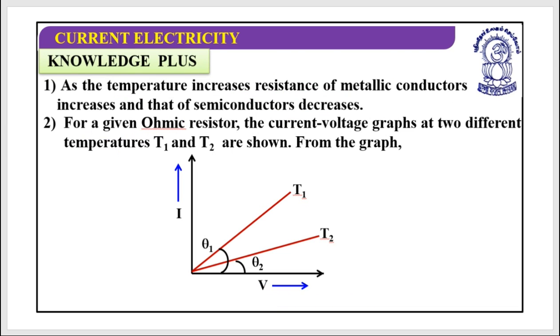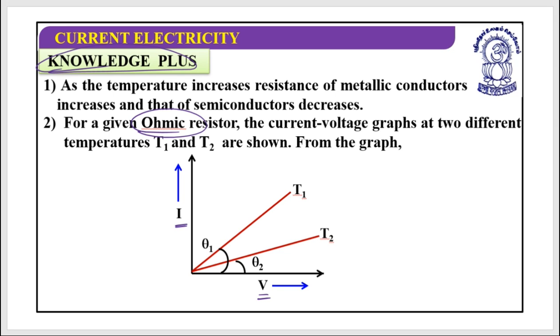Let's look at the knowledge plus. Now let's suppose that I have plotted a certain graph for I versus V, and as you can see there are two straight lines, and straight lines mean they have been given for ohmic conductors.